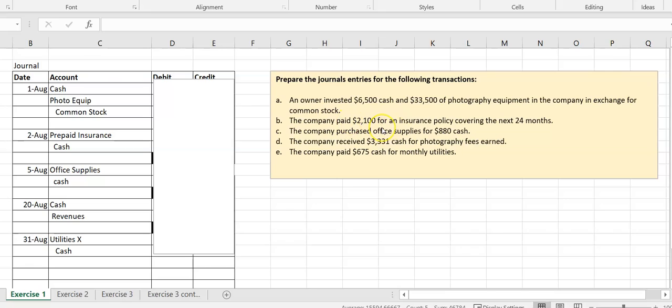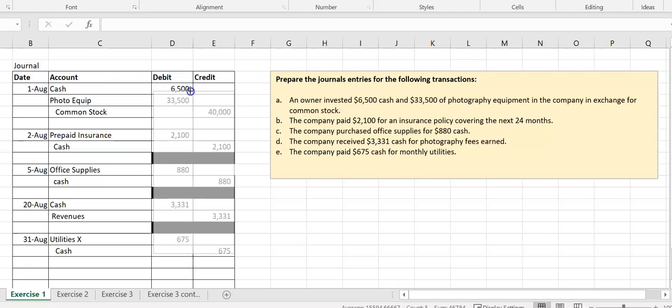So, an owner invests $6,500 cash and $33,500 of photography equipment for the company in exchange for common stock. Well, cash is an asset, and you're receiving cash, and that's going up $6,500, so that's a debit.